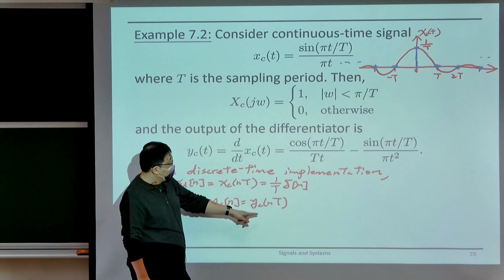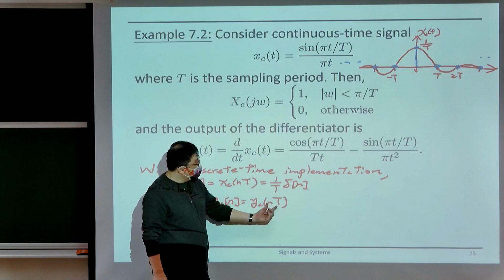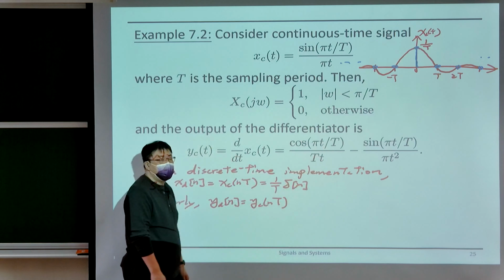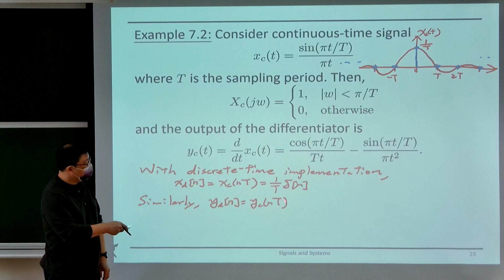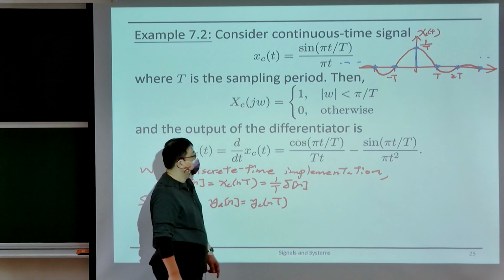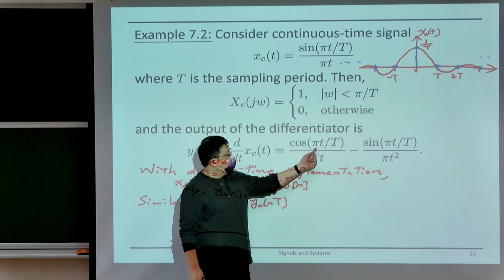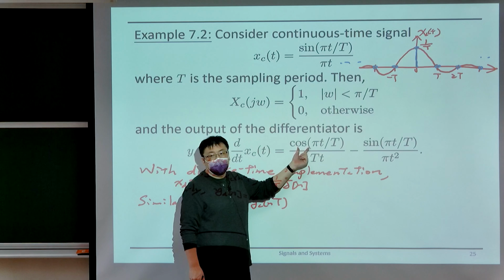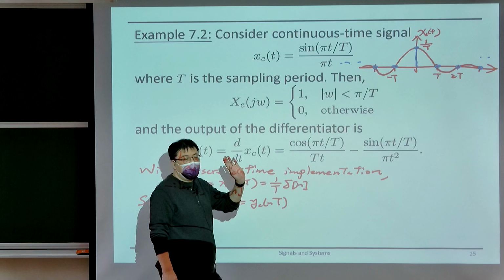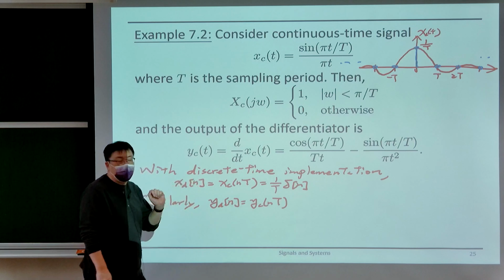All right. So if you substitute nt inside here, you will see that you get integer multiples of pi inside cosine. For integer multiples of pi, cosine n pi is either 1 or minus 1, depending on whether n is even or odd.